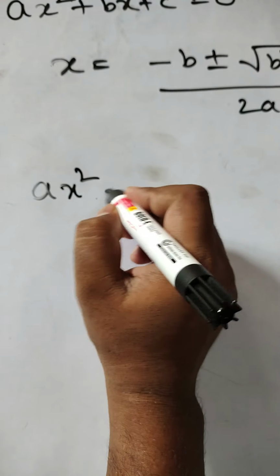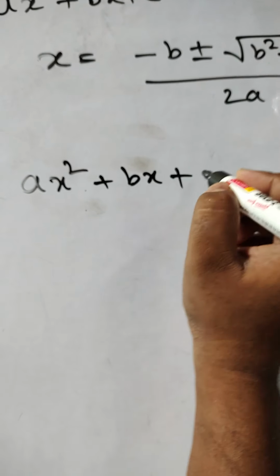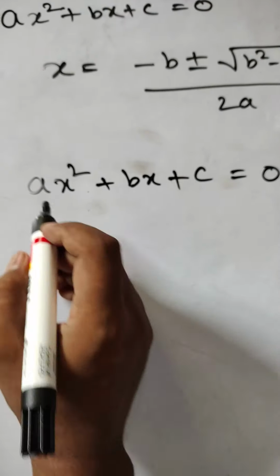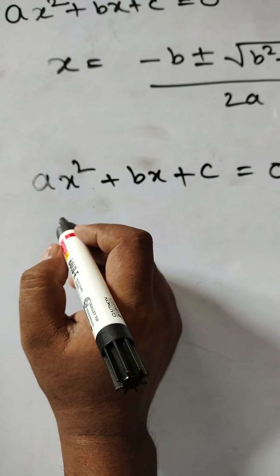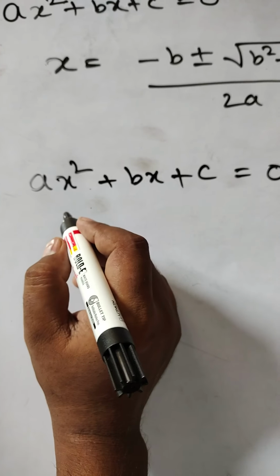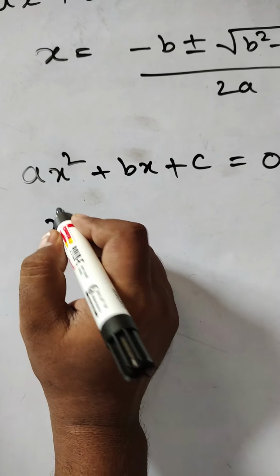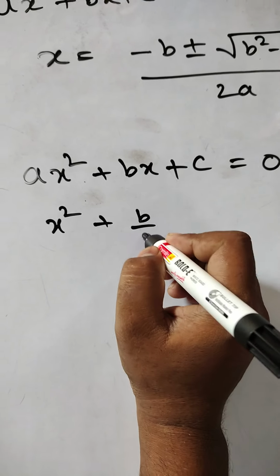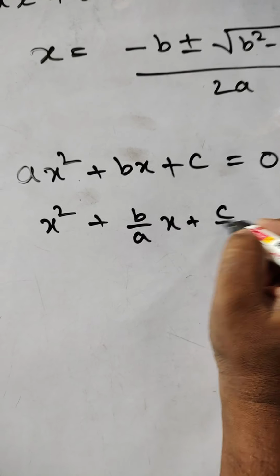ax square plus bx plus c equals to 0. First we are dividing each term by a.